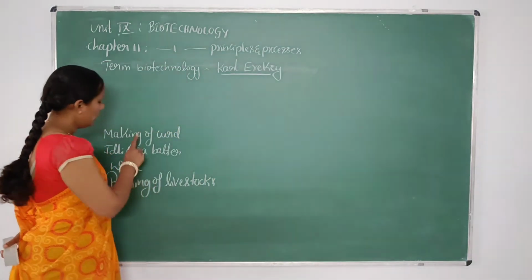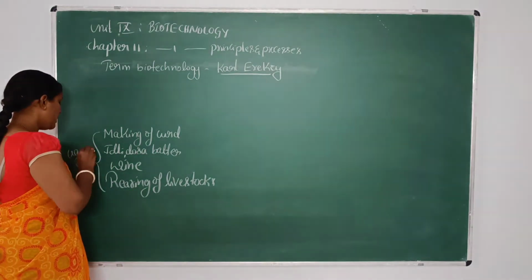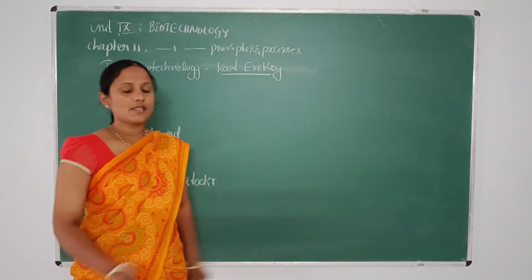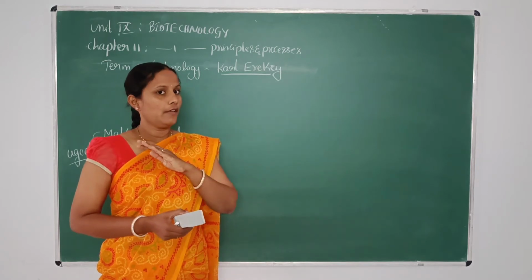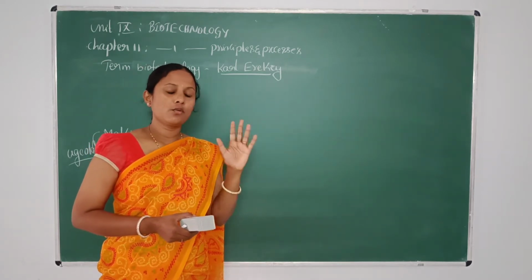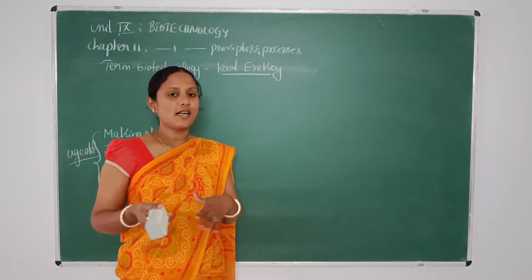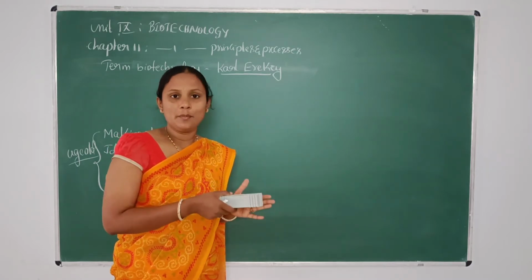So these processes were age old. That means once evolution started happening in human life, when we see the evolutionary growth of human beings, at various stages, humans have started various processes for their betterment.